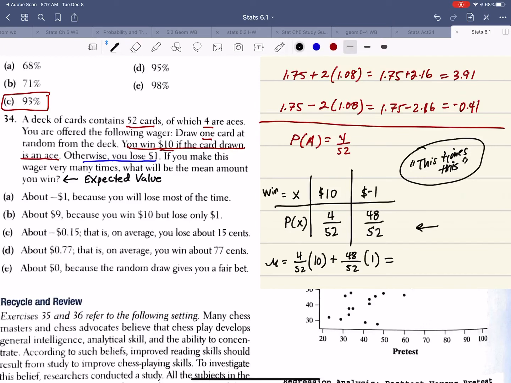I got to include, this is a negative. So 4 divided by 52 times 10, so 76.9, and then 48 divided by 52 times -1.